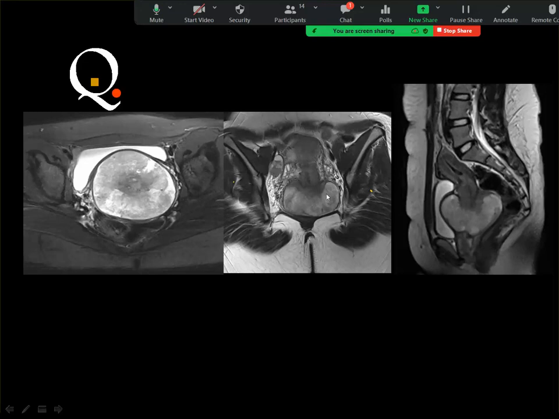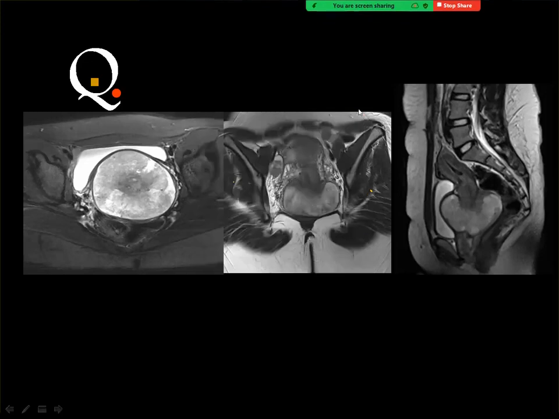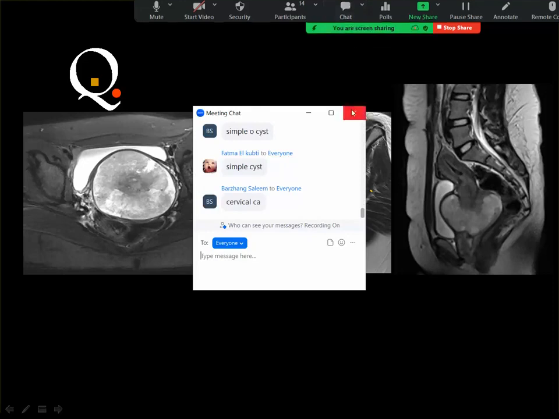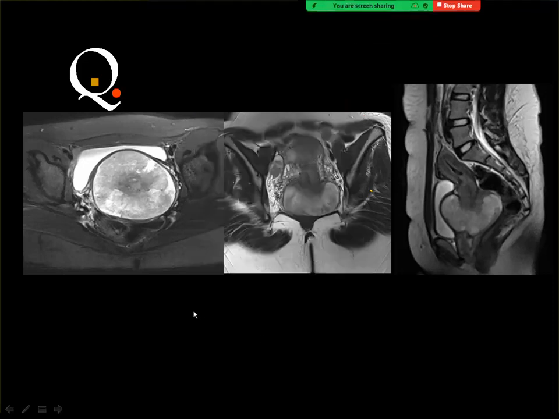Next case, and this is axial T2, coronal T1, and sagittal T2. Yes, right answer. Then this is ovarian cancer.